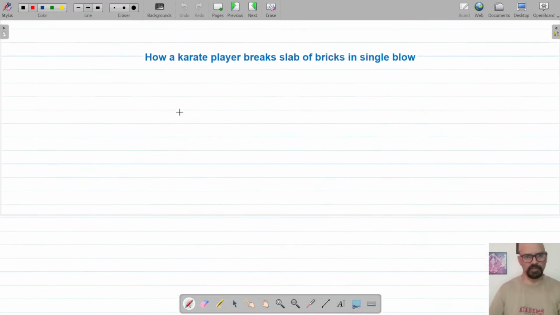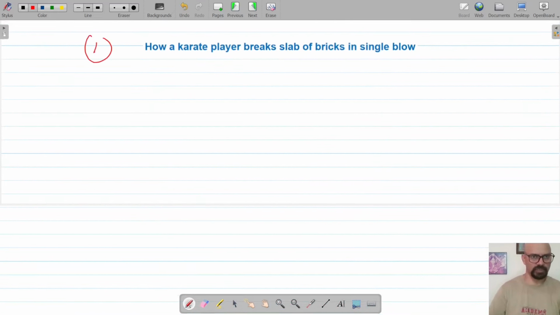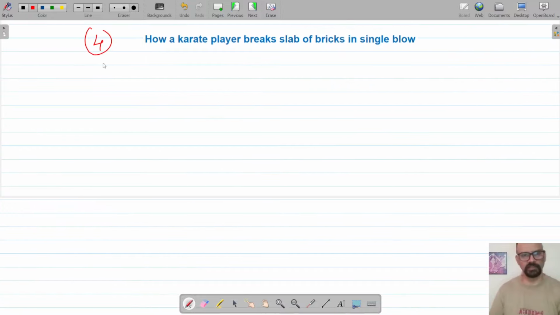Okay, now our last application would be how a karate player breaks a slab of bricks in a single move. Here it's because of the very high amount of momentum produced in a very short span of time. Let's try to explain this now.